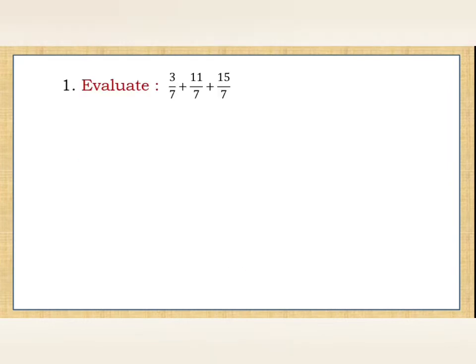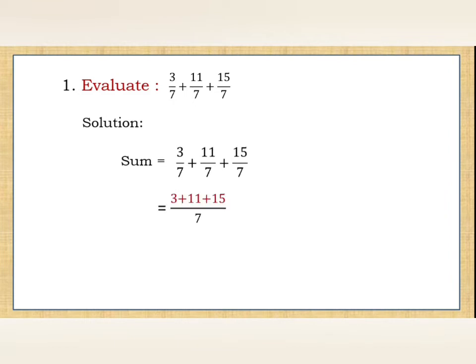Next, evaluate 3 by 7 plus 11 by 7 plus 15 by 7. See, these three fractions are like fractions. So we have to add the numerators directly and keep the denominator the same. So 3 by 7 plus 11 by 7 plus 15 by 7 is equal to 3 plus 11 plus 15 divided by 7.